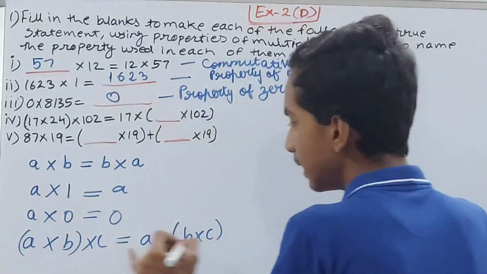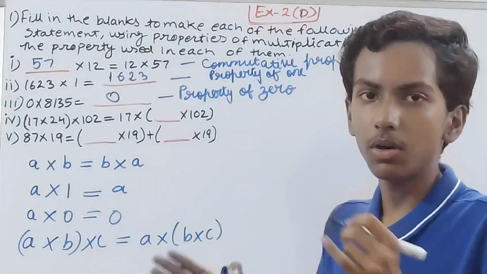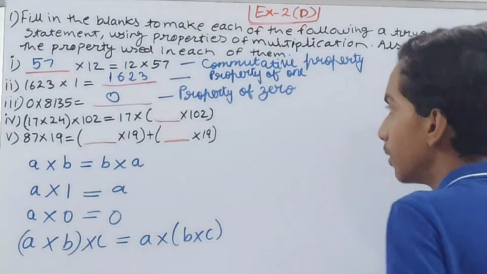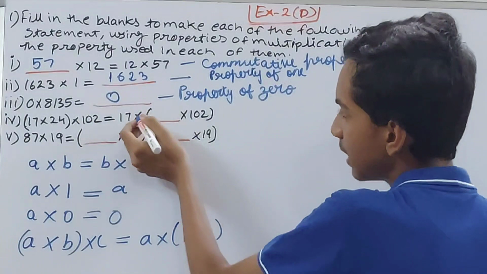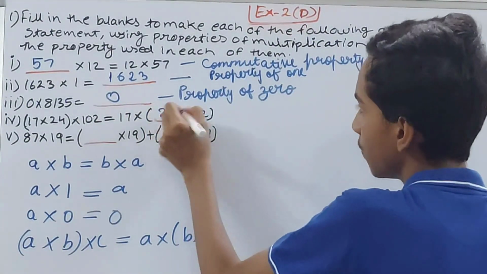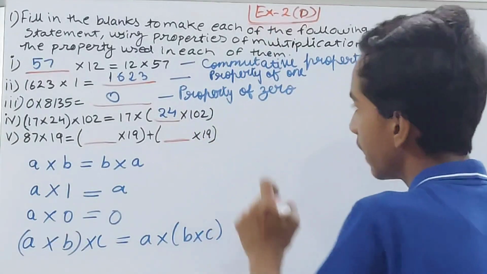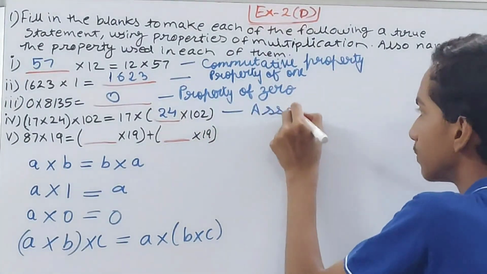So the three whole numbers can be multiplied first in any order. You can group them, right? So here what will come? The third one, 17, 24, 102, 17. So 24 will come over here, right? 24 into 102. Whatever is missing, you write that down. This is the associative property.